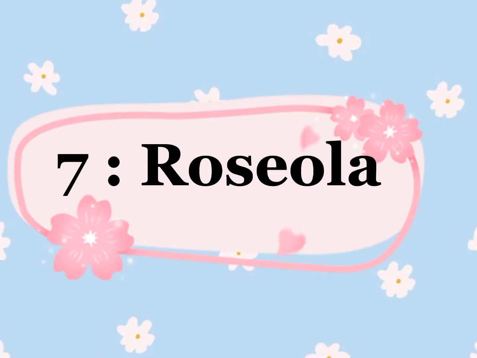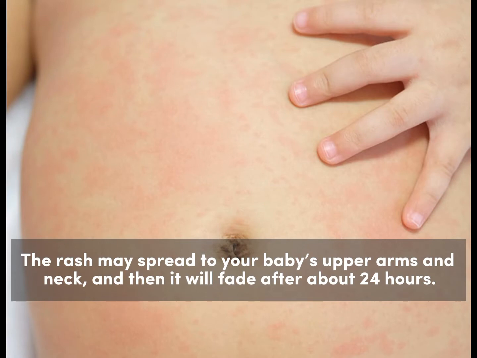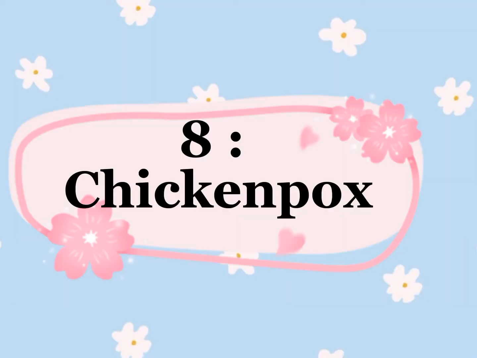7. Roseola. Human herpes virus 6 causes roseola. With roseola, your baby will suddenly develop a high fever that can last up to a week. Once the fever breaks, a slightly raised, spotty pink rash may appear on your baby's chest or stomach. The rash may spread to your baby's upper arms and neck, and then it will fade after about 24 hours. 8.